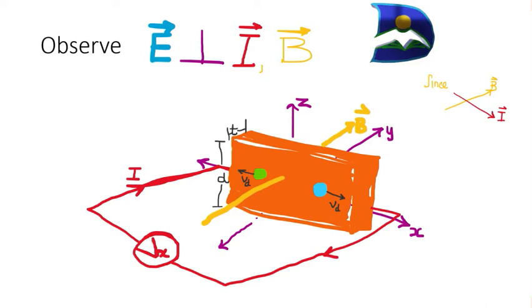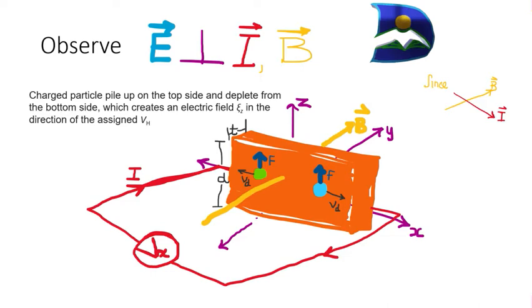Looking at this, combining the velocities of both particles and the magnetic field, we generate a force acting upwards. Once we see this force generated, we can create an electrical field that pushes the particles in the upward direction of the material. This field is in the direction of VH.